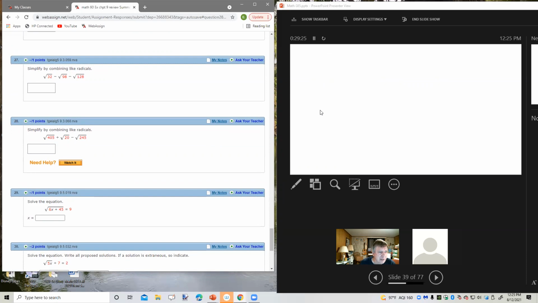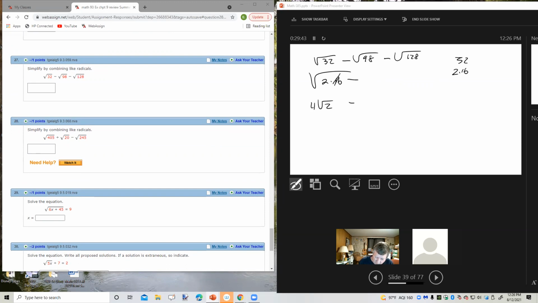27, simplify by combining like radicals. Square root of 32 minus the square root of 98 minus the square root of 128. Well, 32 is 2 times 16. Square root of 16 is 4, so I get 4 square roots of 2. 98 is 2 times 49. Square root of 49 is 7 outside, square roots of 2 inside.